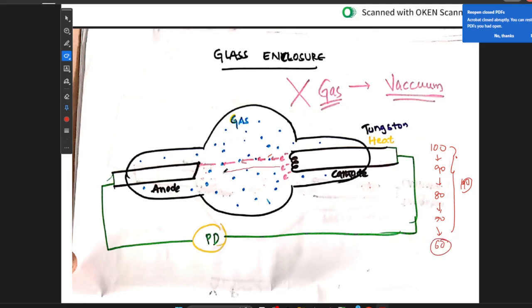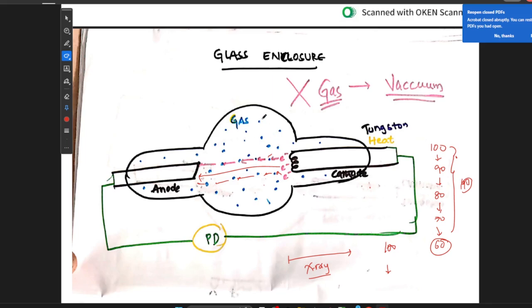For example, if this electron goes directly without colliding with the gas molecules, then the energy will be 100. If these electrons collide with even more gas molecules, then the energy will be even less. So there is a wide variation in the energy of X-rays produced at the anode when the electrons collide with the gas molecules.